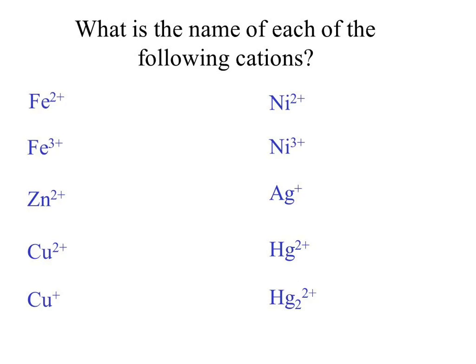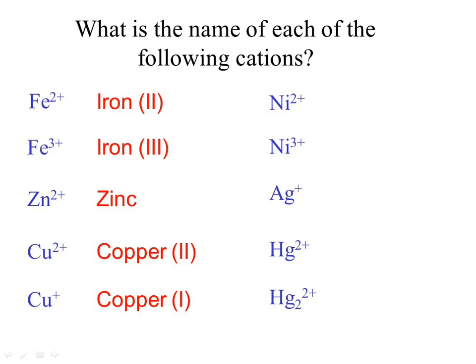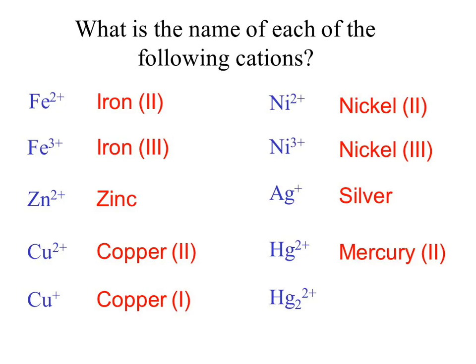Let's see if I get them right this time. No Roman numerals. No Roman numerals. Yeah, I'm liking that better. Okay. The last one really shouldn't be on the slide either.